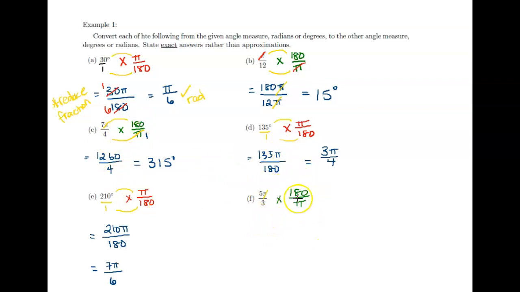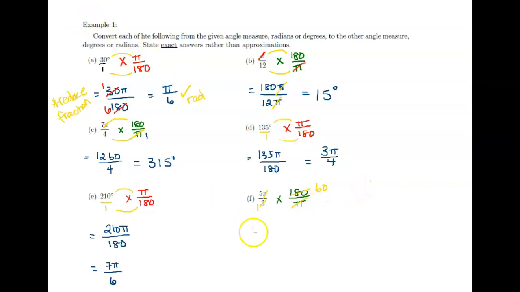So I know my pi's will cancel. Again, we always have to be canceling diagonally. But this 3 and 180 can be reduced, can't it? Well, if I can take 3 out of 180, that's clean, right? If I take a 3 out of 3, that leaves me with 1. But if I divide 180 by 3, that leaves me with 60.